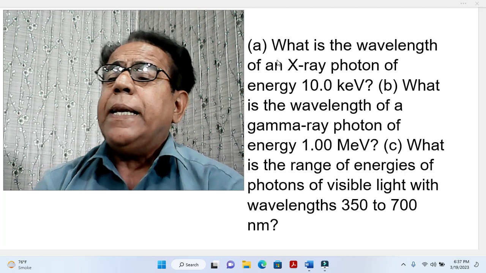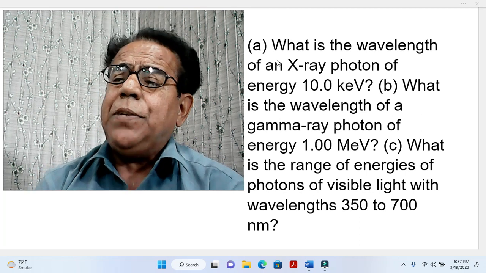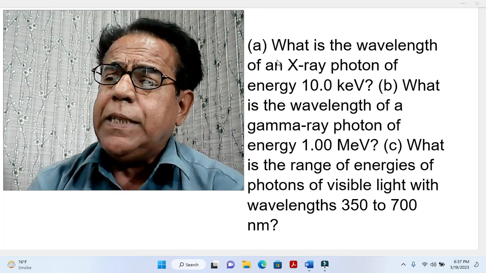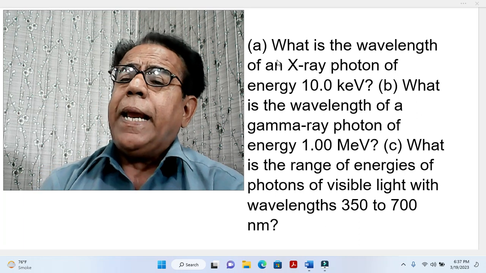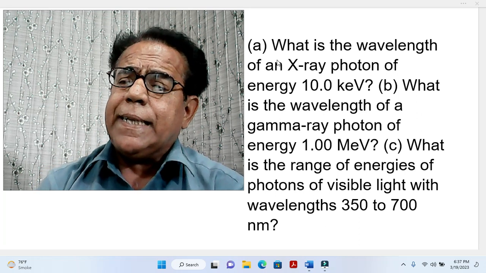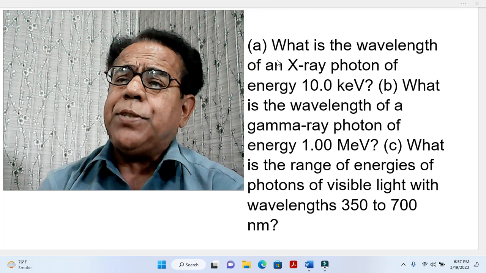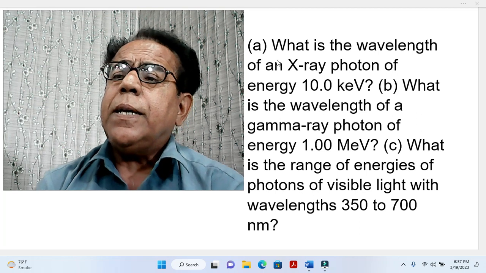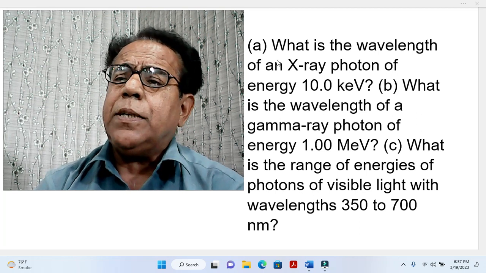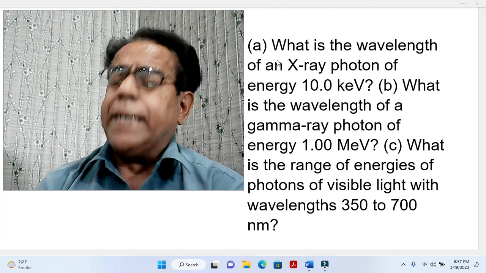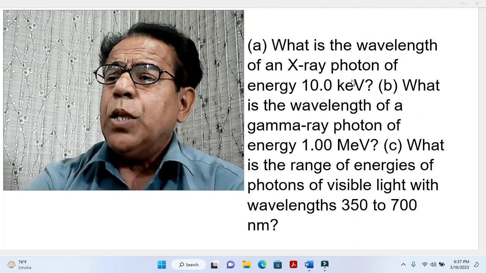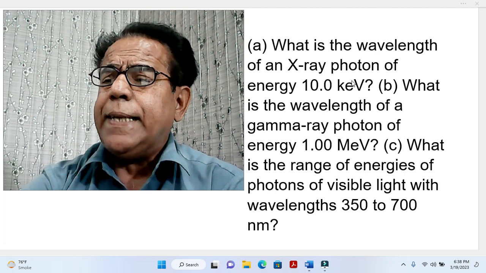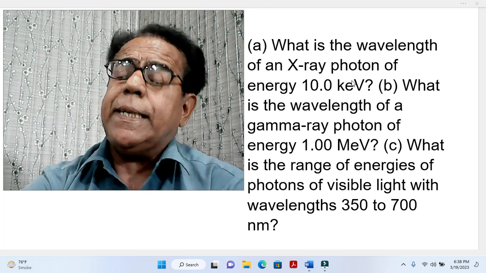In this way we will find the values of E1 and E2, and then we will say that their range is from this to this, that is first from lower energy to higher energy. This will be the range. So dear students, here nano means 10 raised to the power minus 9.